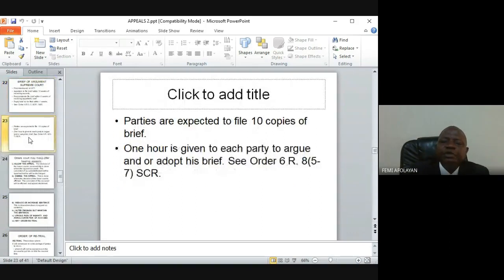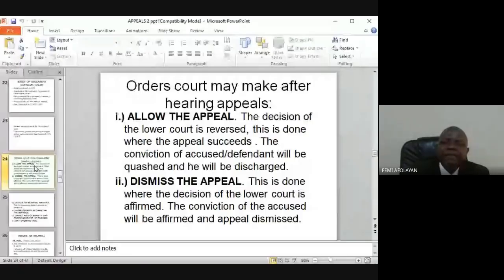Parties are expected to file 10 copies of the brief, and 1 hour is given to each party to argue.